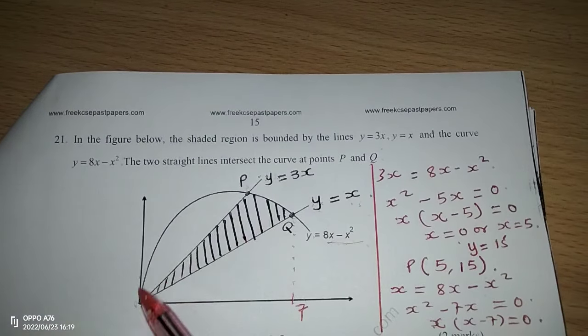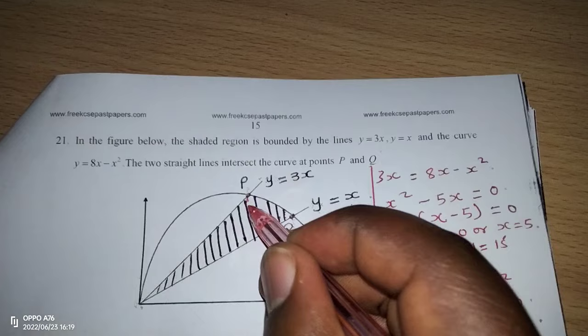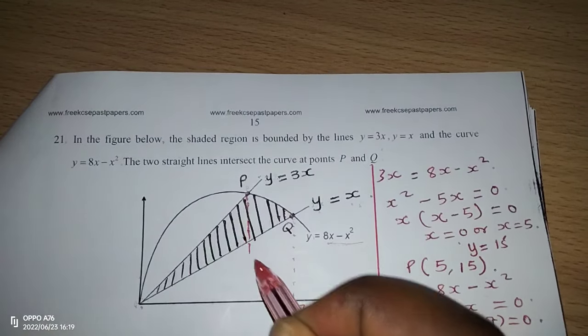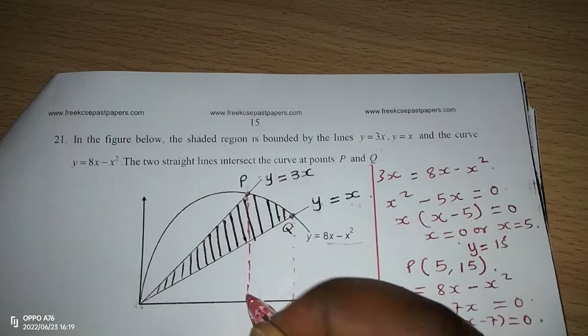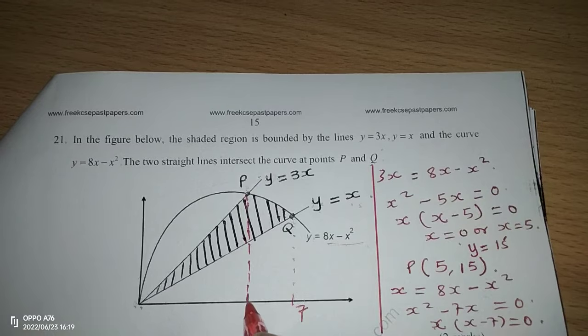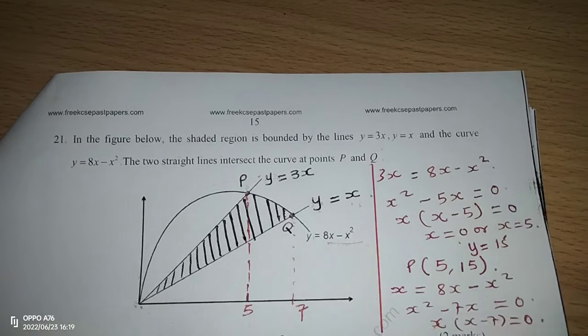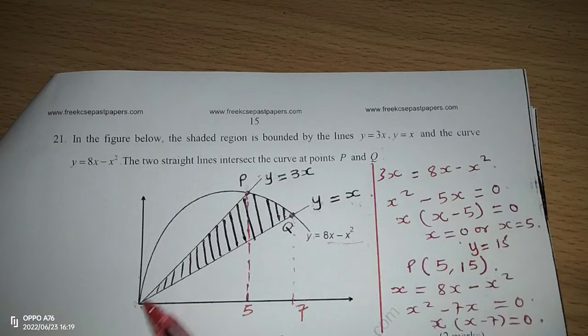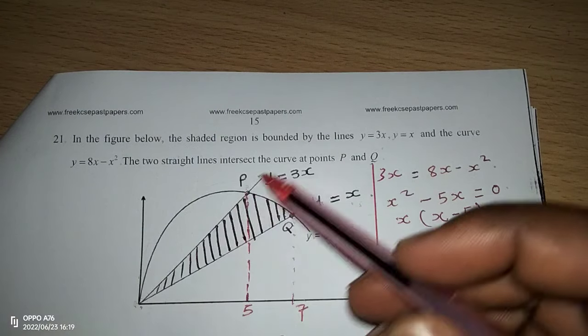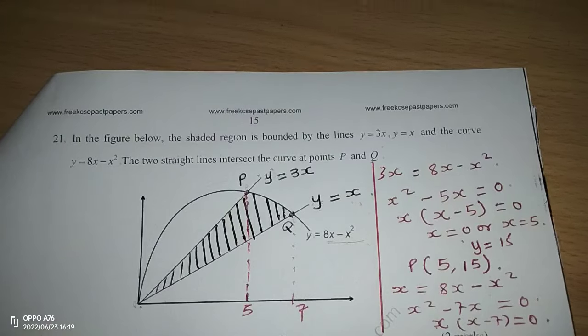So we shall integrate the curve until this point where it meets the line y equals 3x, and at this point P, x equals 5. Therefore, we're going to integrate the same curve from 0 up to 5. And so that we may get the area below the curve and this line, we also get the area below this line. Then we subtract the two figures.